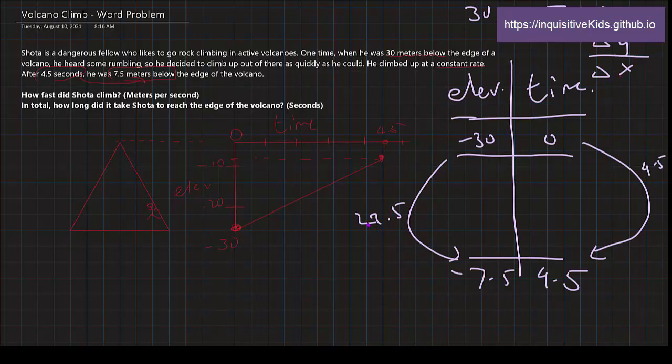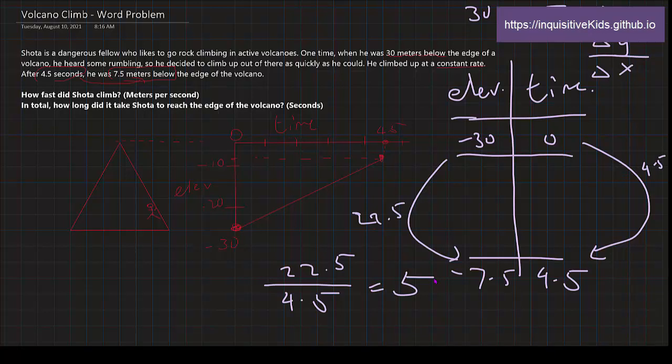Delta y, as you remember, would be one y minus another y, which in our case is 22.5 over 4.5. You get that this equals 5.